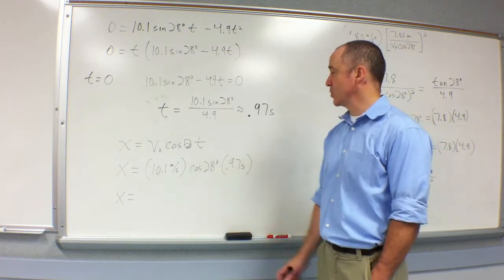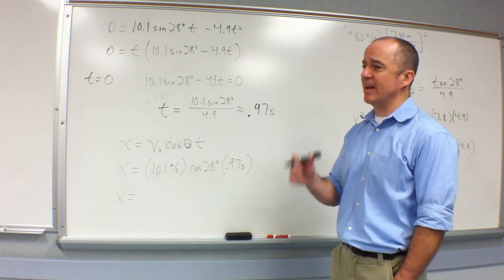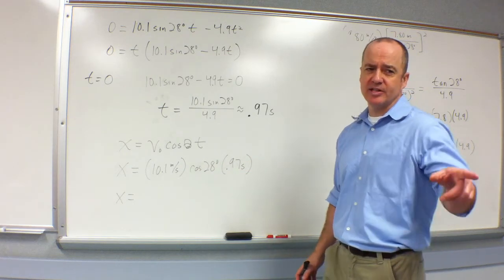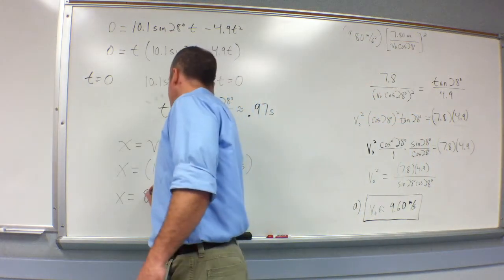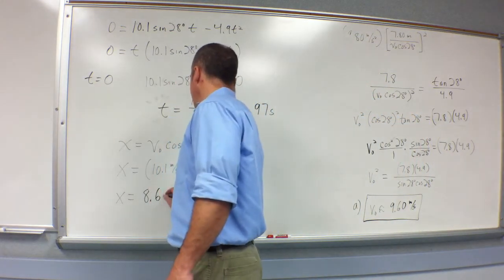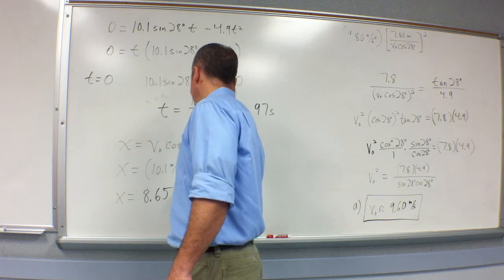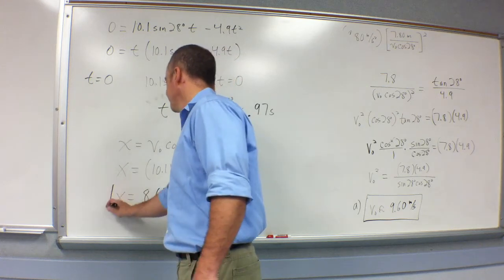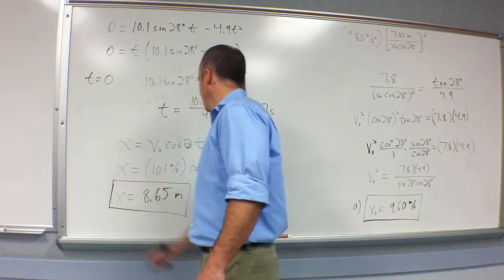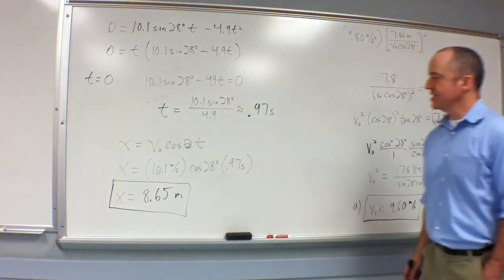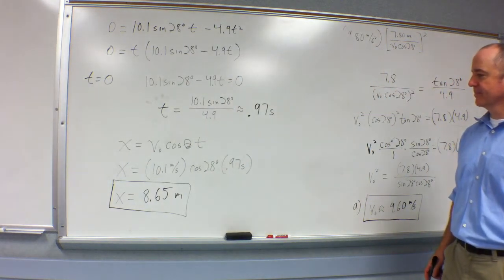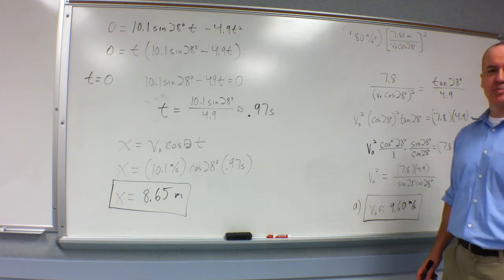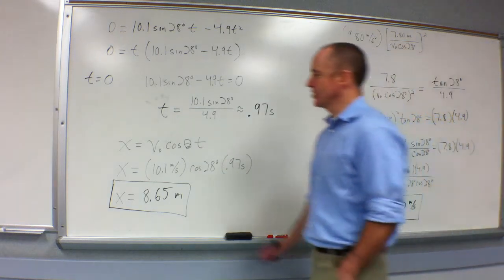And then times the cosine of 28, cosine of 30 is about, this should be about 8 point something meters. 8.65 meters. That seems about right to me. So that was not a short problem. But that's our answer to B.